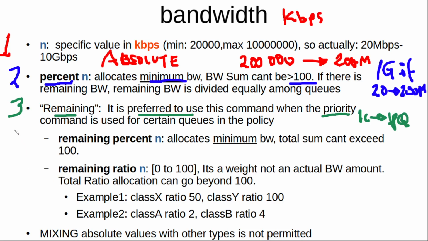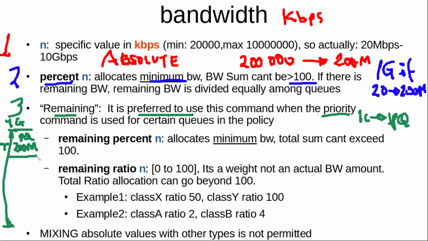So if you're going to assign bandwidth to a priority queue, then you have to do a little math here. So for instance, let's say that we have a 1 gigabit per second interface that will be your total bandwidth. But you are going to allocate 200 megabits per second to your priority queue of one class.